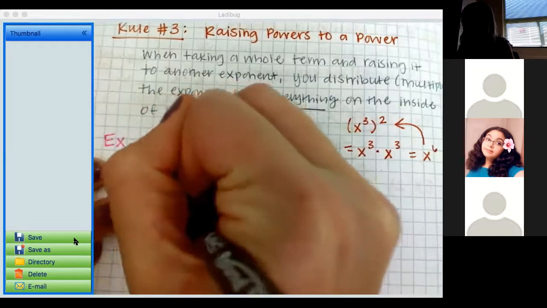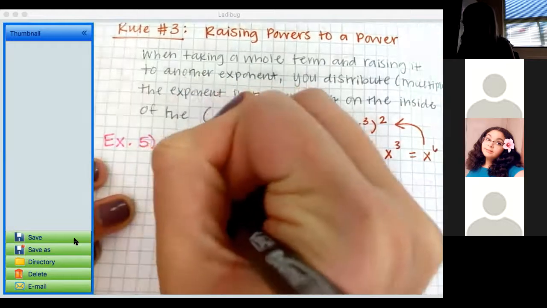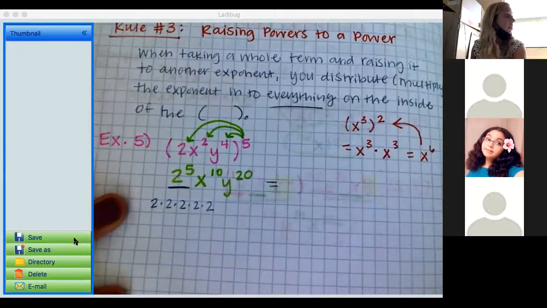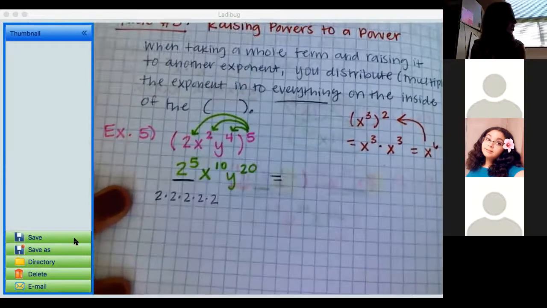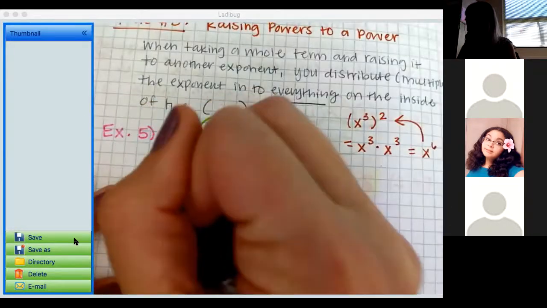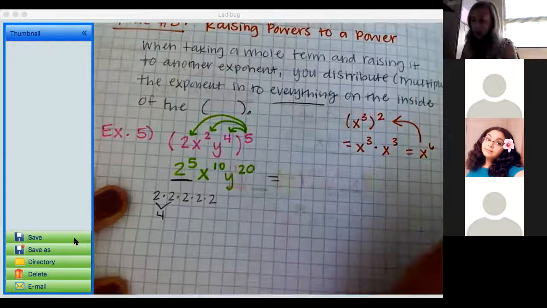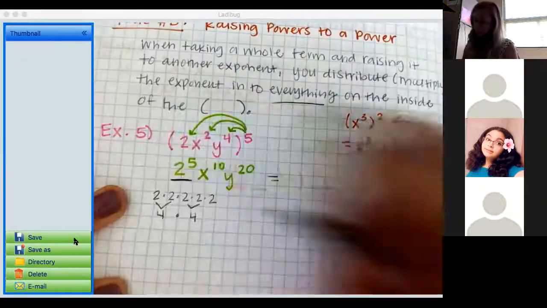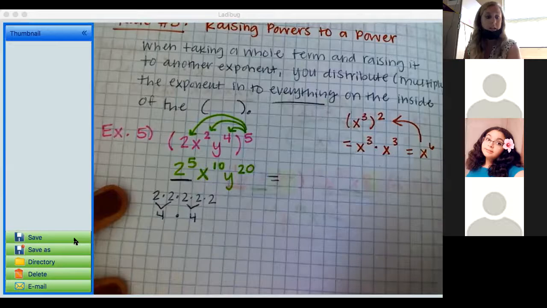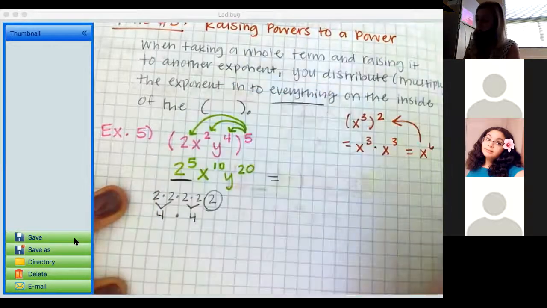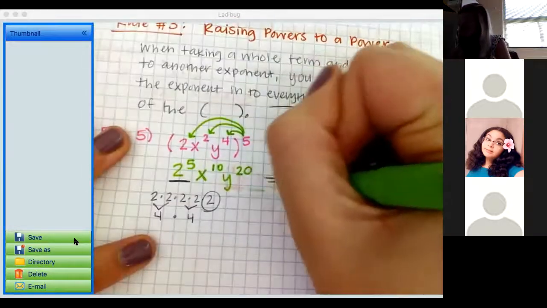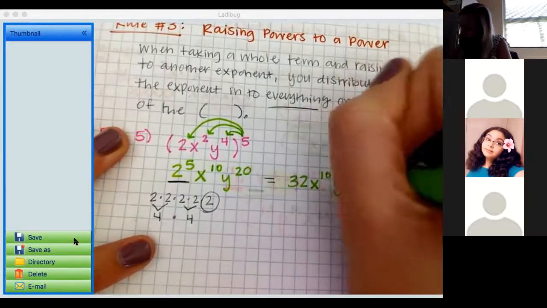So look, 1, 2, 3, 4, 5. You need to simplify this. Good. He's good at mental math. Good job. So look, 2 times 2 is 4. This 2 times 2 is 4. So what's 4 times 4, babies? 16. And then you got one more 2. So 16 times 2, he said, was 32. 32. And now it is simplified.